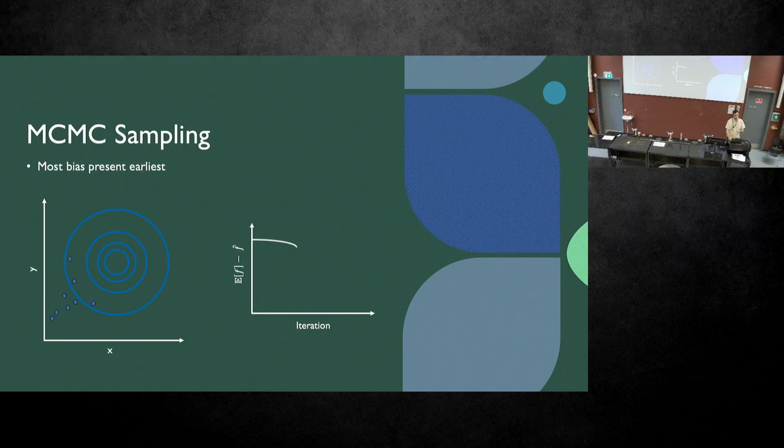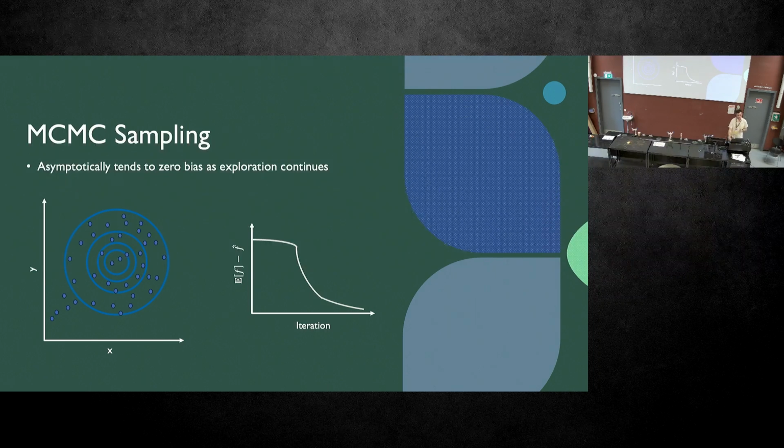Once our Markov chain has found our probability mass, after a few more iterations, it starts to explore it. We can see the bias in our estimates start to decrease towards 0 as we more accurately quantify this probability mass. And as the Markov chain continues, it explores it even more thoroughly, and eventually, asymptotically, it converges to the true estimate.